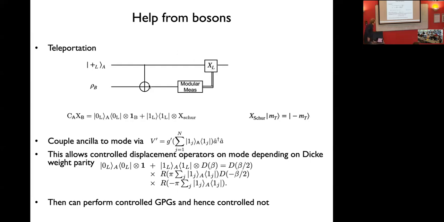This C naught here, what it actually does is it applies the identity operation if the control is in the logical 0, and if the control is logical 1, then it applies what we call an X sure operation, which basically maps you from an M state, according to the space you read out from your measurements of the J squared operators, into the negative of that M state.